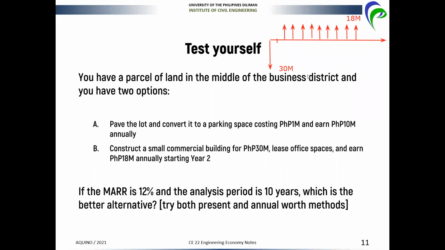Ayan. Okay, the net present worth for project B is 55,632,585.94. So I hope we all got the same answer.